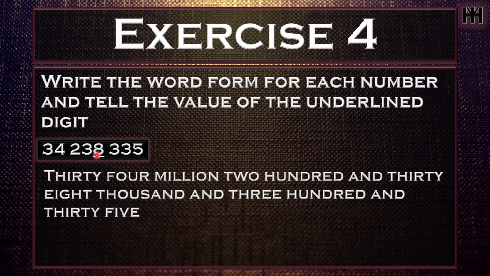Then this digit, what is the value of this digit? It's 8,000. So you write 8,000. He didn't say if he wanted it in words or in letters, so it's safe to write it only as a number, 8,000, because he didn't say that he wanted the word form. So you have the freedom to write it in the way that you want.